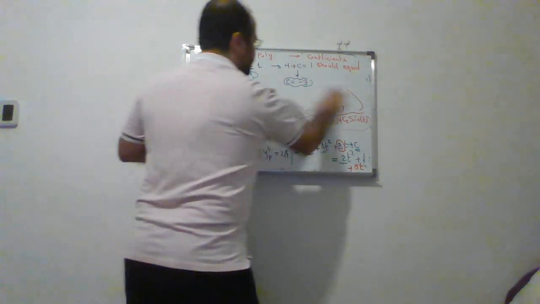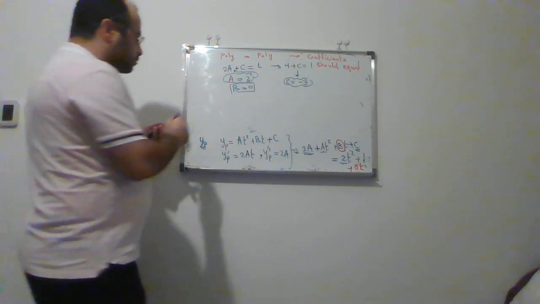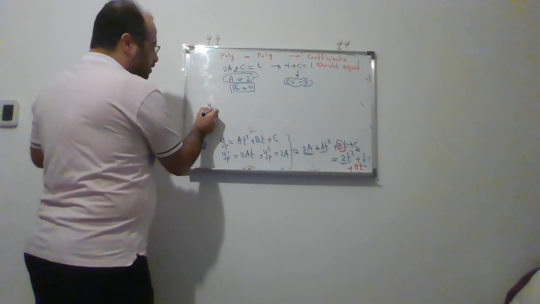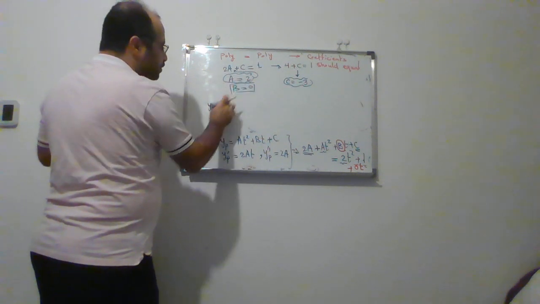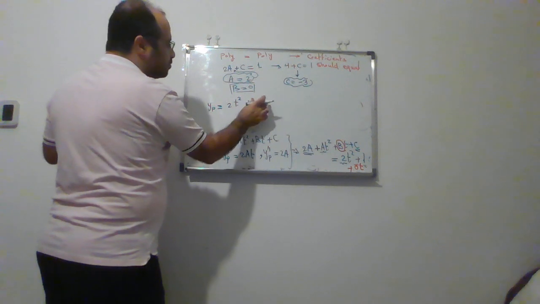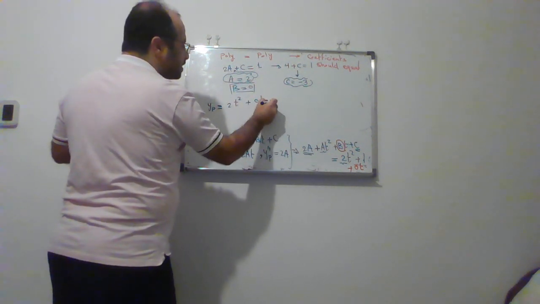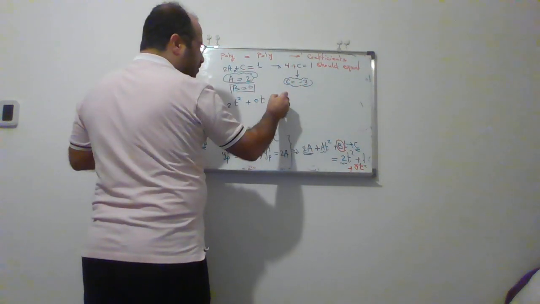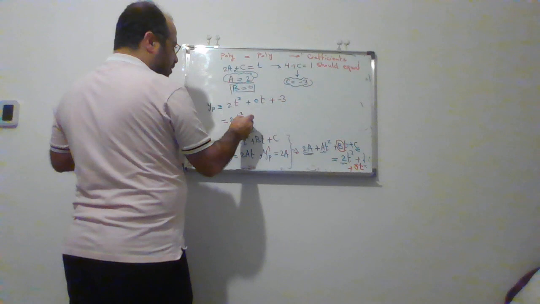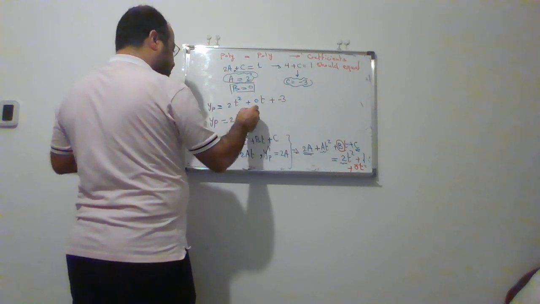Here is what we're going to have: y particular equals 2t squared plus bt, 0t, plus c, which is minus 3. Then I got 2t squared minus 3 as the y particular.